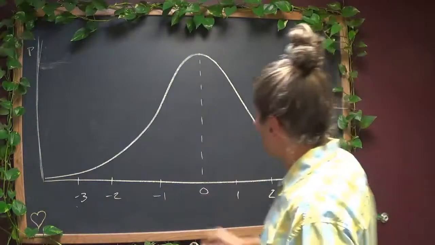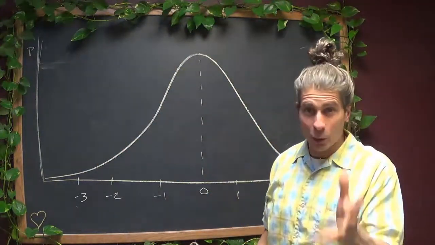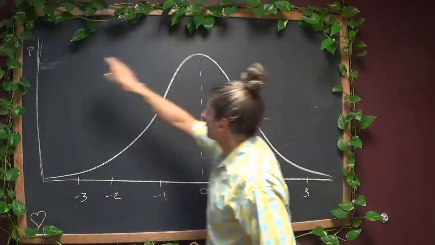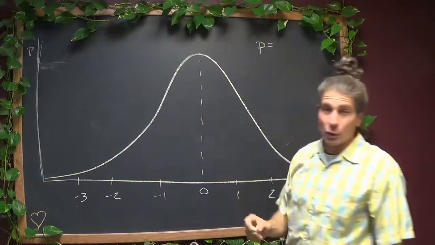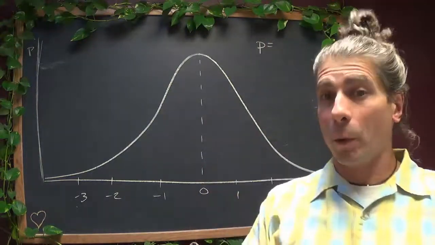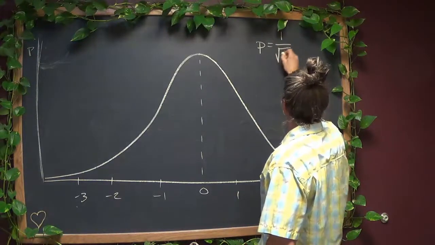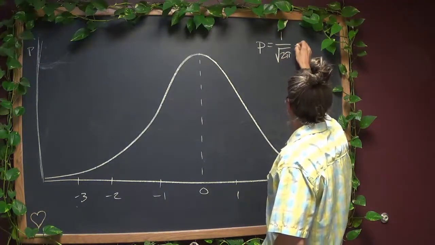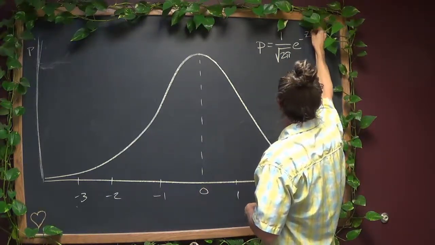Now, as it turns out, this beautiful curve has an equation, and the probabilities that are on that axis are given by this gorgeous and not to be worried about equation. 1 over √2 pi times e to the negative, we'll call this z squared over 2.